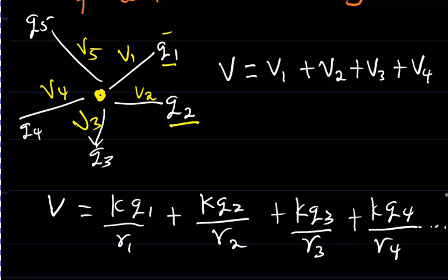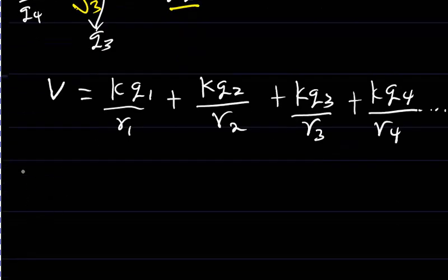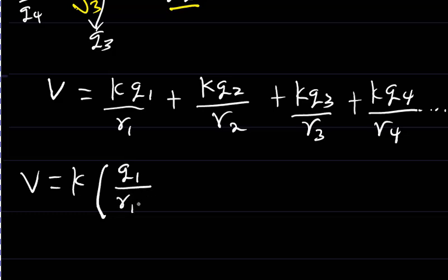It continues. Since K is a common factor, it is ideal to factorize this. This is how you calculate the electric potential due to a system of continuous charges.